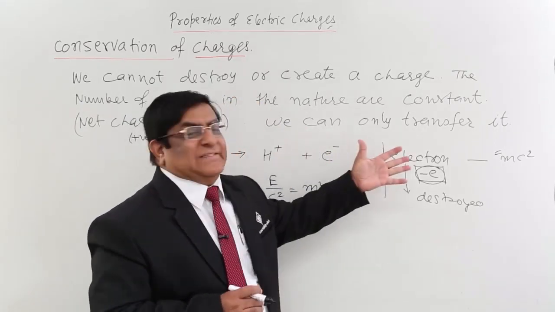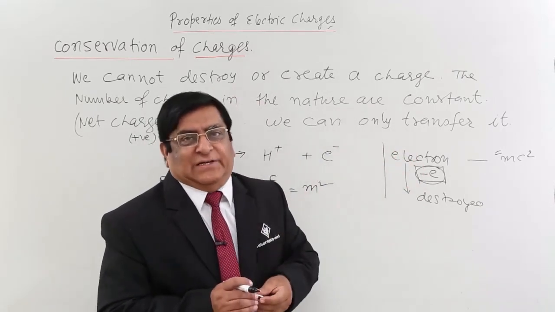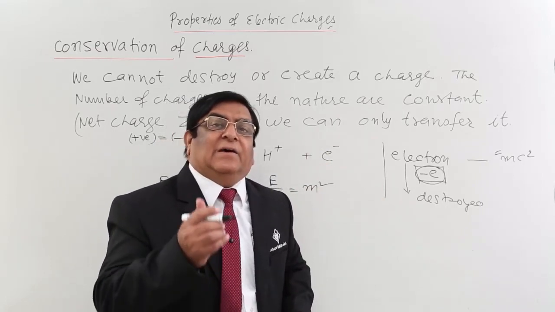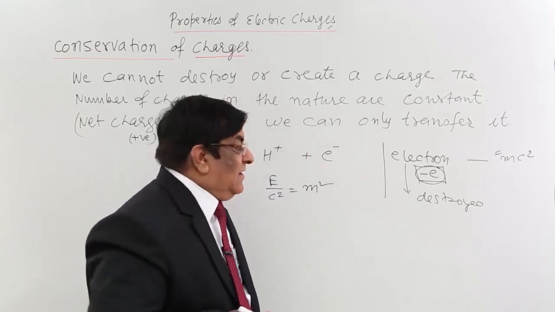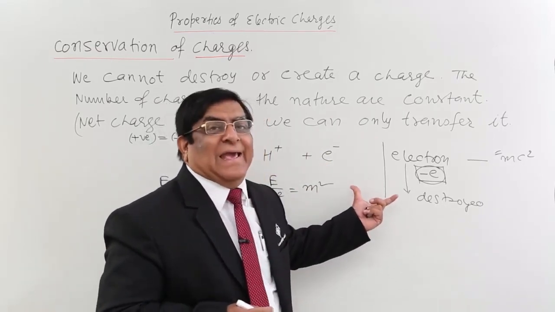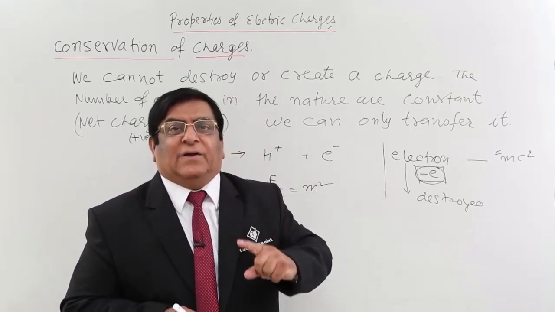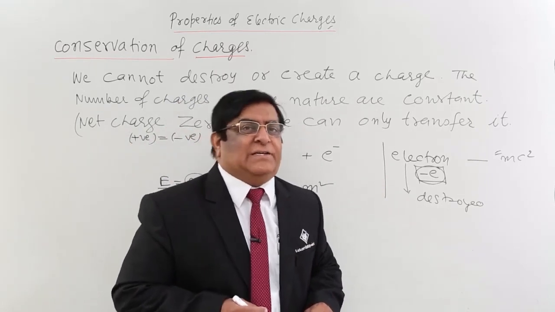So many processes in radioactivity are taking place in which electrons are destroyed, so this cannot happen. Then what can we do? Then we have to make an explanation, and an explanation was thought over and made. What was that explanation?